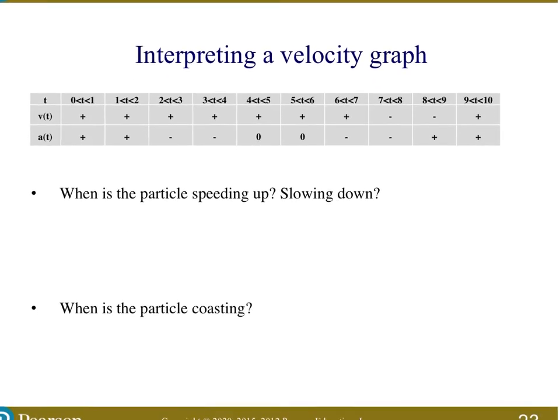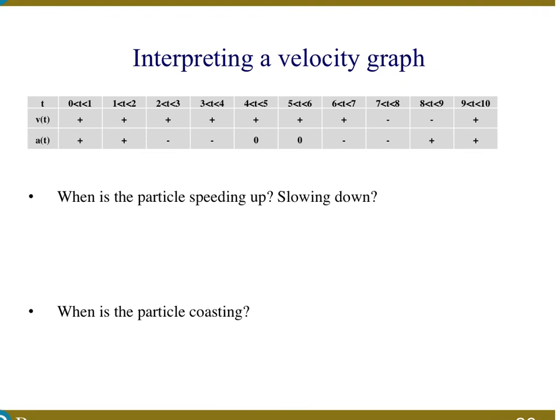Here's the same graph again. Okay, we're asking the questions about speeding up and slowing down. So speeding up is looking for places where the velocity and the acceleration match each other.